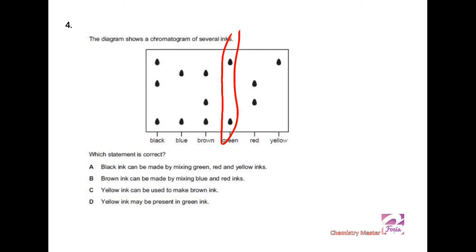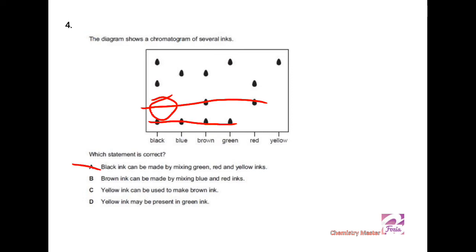So the green is present in black but not the red spot. Here the red spot is missing. So this option is omitted.